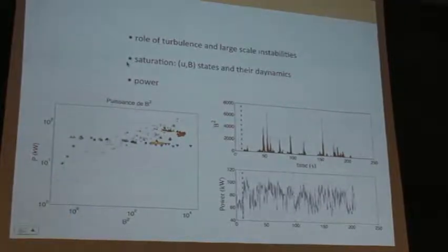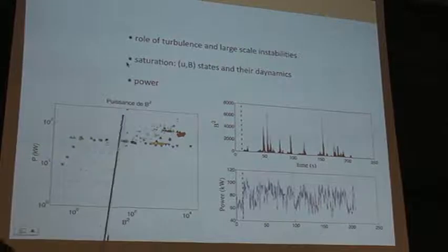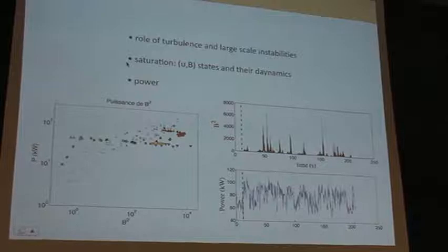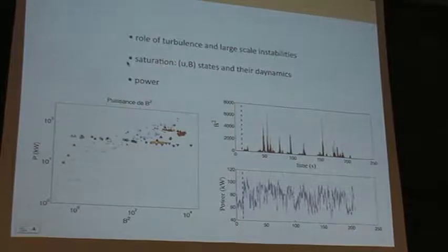And there's the last one which I would very much like to know. If I plot the power I have to spend in order to reach a dynamo as a function of the intensity of the magnetic field I get, I'll find that for a range of powers between 50 and 120 kilowatts per motor on average, I can generate fields that differ by more than an order of magnitude in intensity.